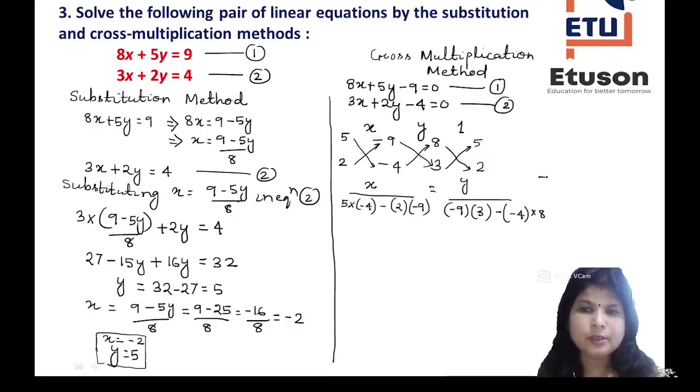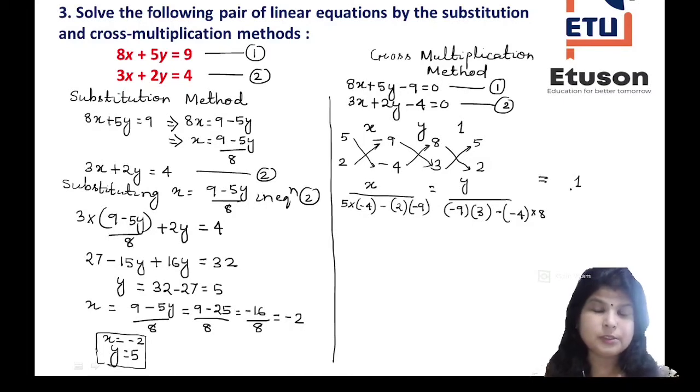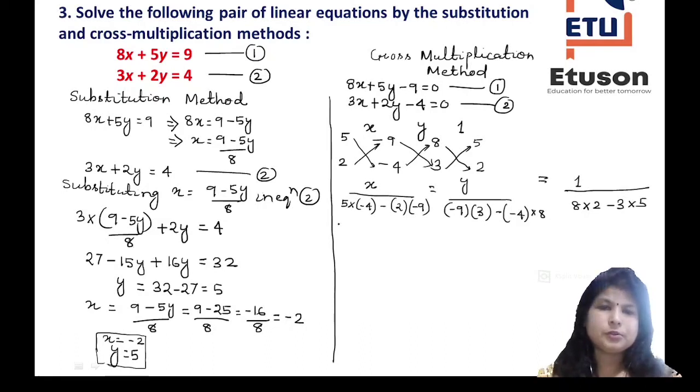Correct or not? So that is equal to 1 divided by 8 into 2 minus 3 into 5. For constant we are supposed to take 1. Okay. So let us just simplify it.